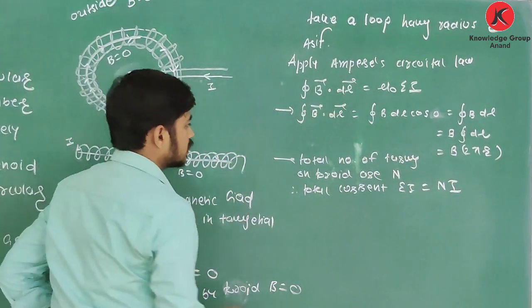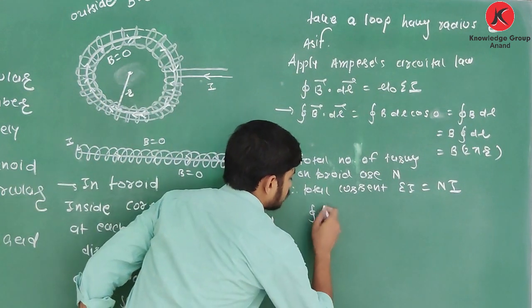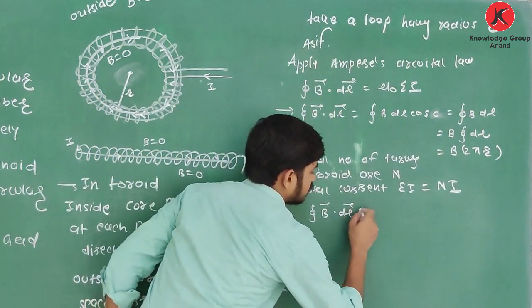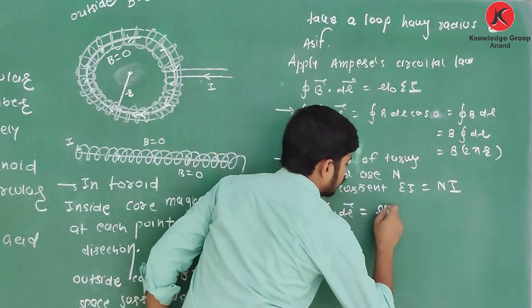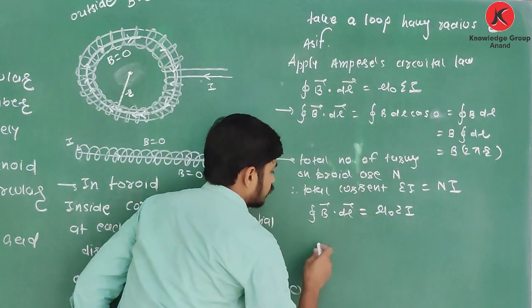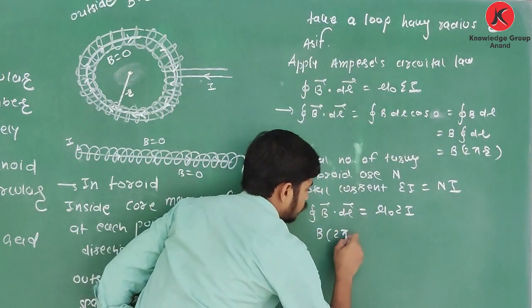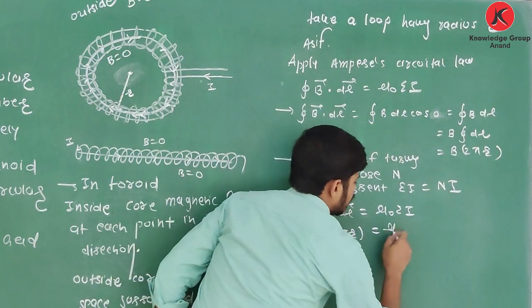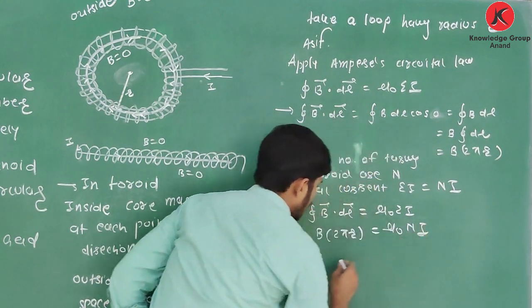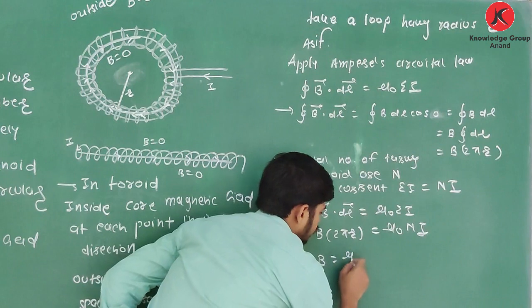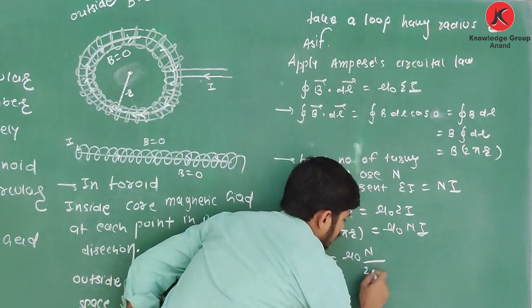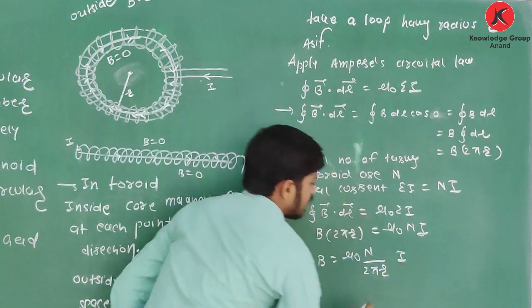Now use this equation again: integration B dot dl is equal to mu 0 sigma I. So here it is B into 2 pi r equals mu 0 N I. So B is equal to mu 0 N upon 2 pi r, times I.